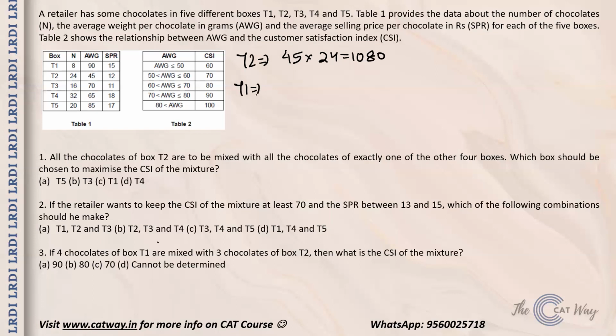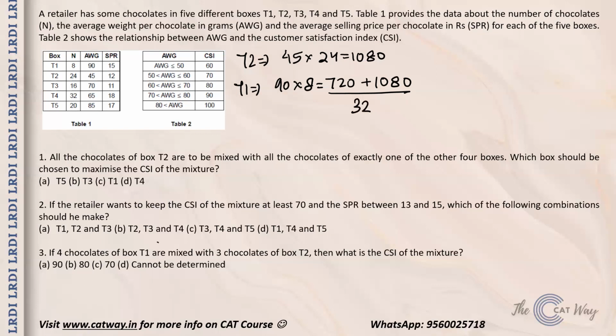Now if you calculate it with T1, in T1 you have 90 average and 8 chocolates, so the total is 720. When you have to calculate the AWG, the total weight of both boxes will be taken, that is 720 plus 1080, divided by the total number of chocolates we have now, that is 24 plus 8, 32.